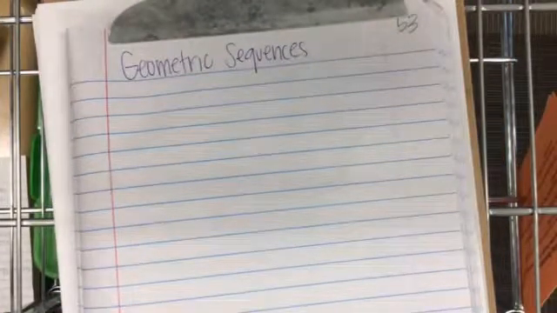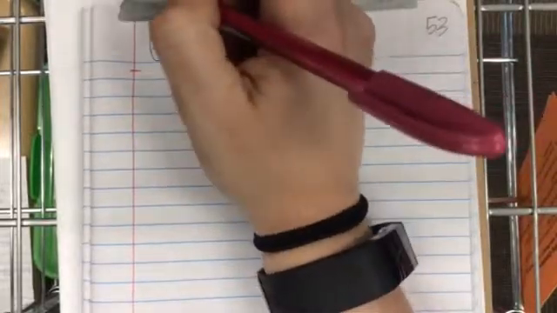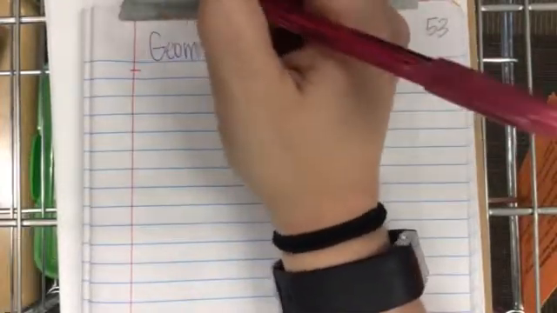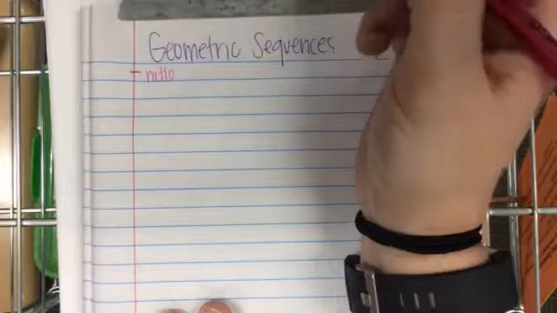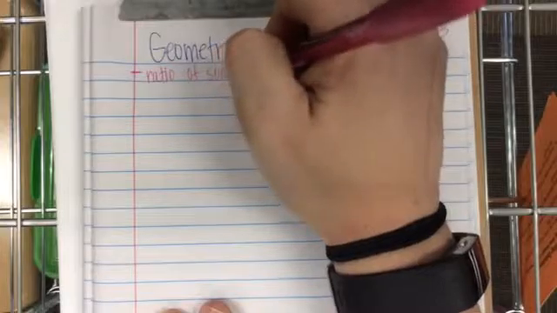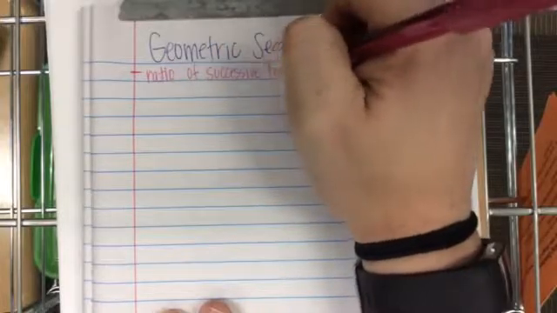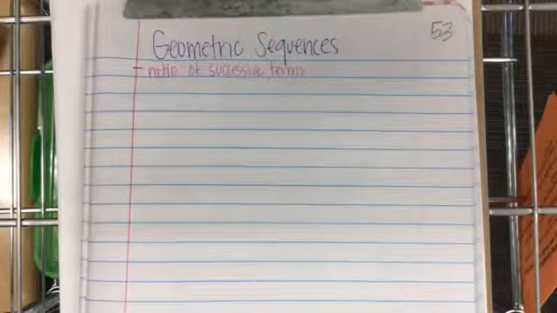All right, so exponential functions, or geometric sequences. See, now I'm going to screw it up. In a geometric sequence, the key is that there's a ratio of successive terms. And the ratio is important because it's not an add or subtract ratio, it's a multiply or divide ratio.